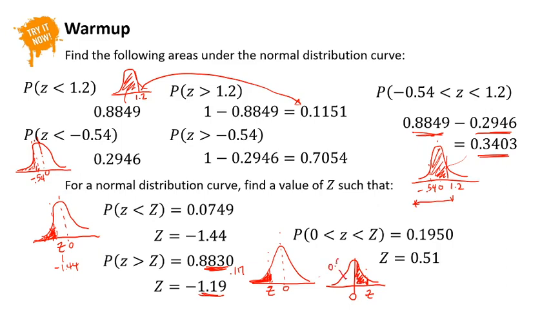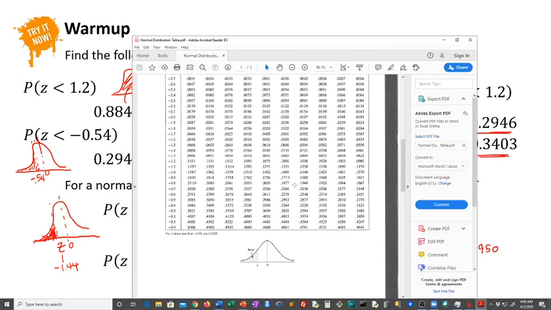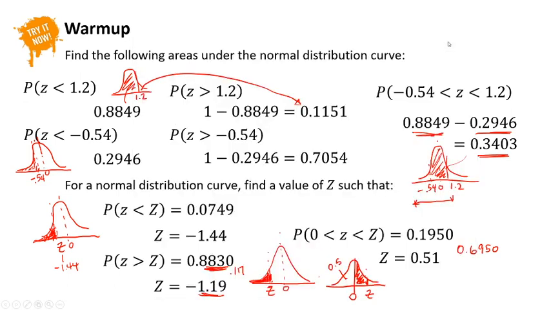Well, this is just 0.5, since it's half the area underneath the normal distribution, and so I'm looking for a value of z that has an area under the curve of 0.5 plus this, or 0.6950. So I'm going to look that up on my table here. 0.6950, there it is. So that would be 0.51 right here.